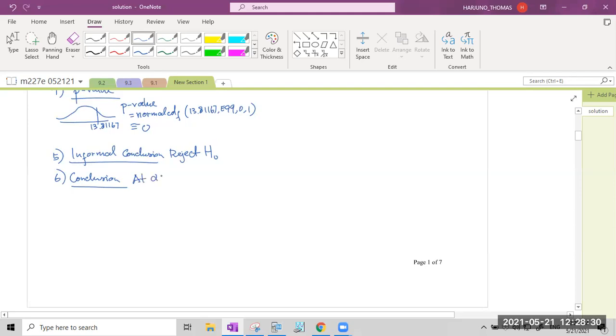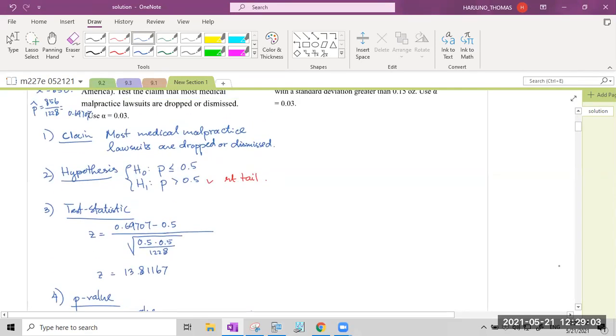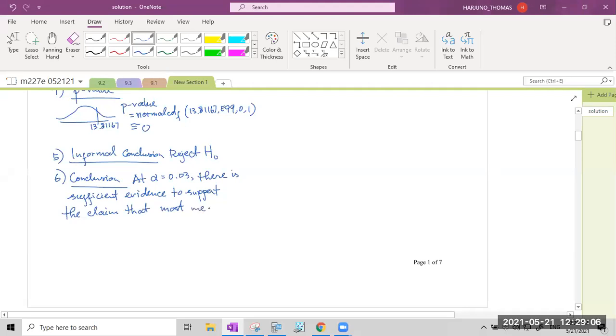So at alpha equals 0.03, there is sufficient evidence to support the claim that most medical malpractice lawsuits are dropped or dismissed.